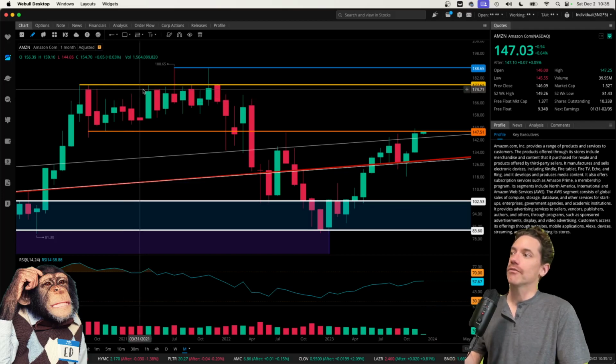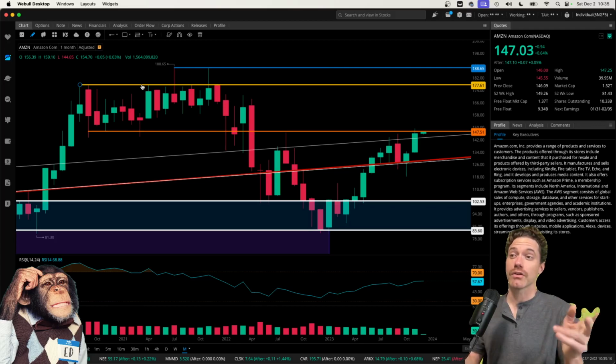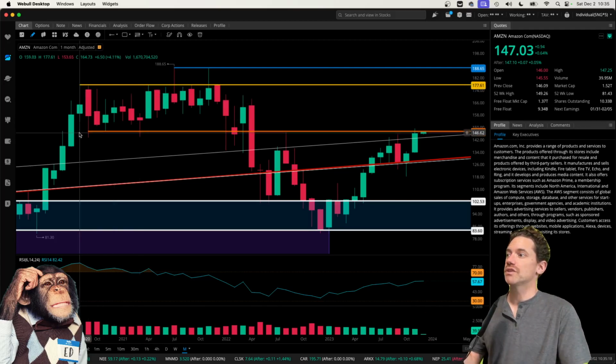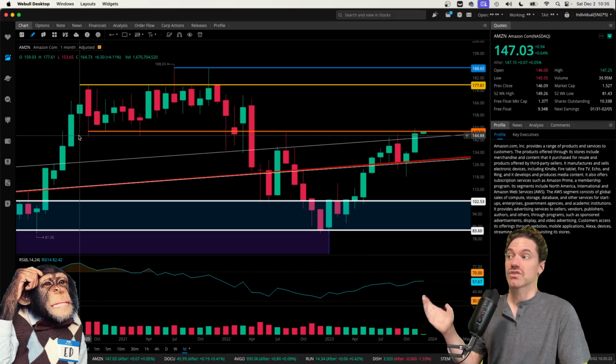I also have this yellow line here at $177.61, which is based on the high of August 2020. And there are a number of wicks that go up to that.